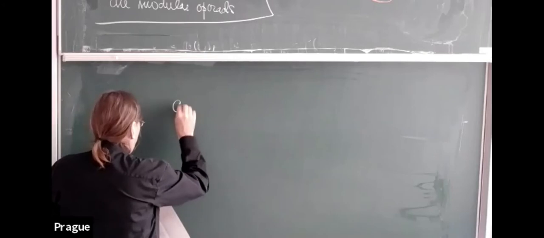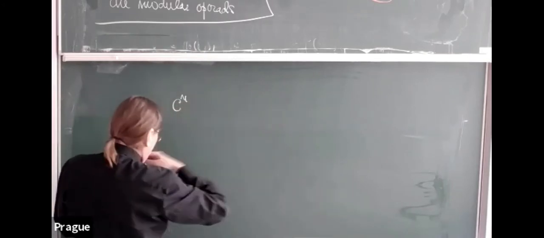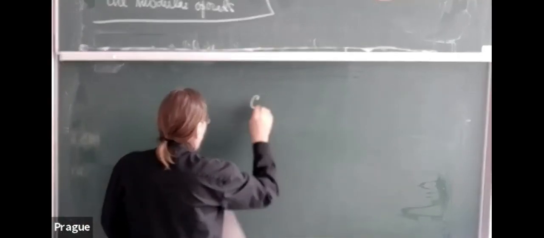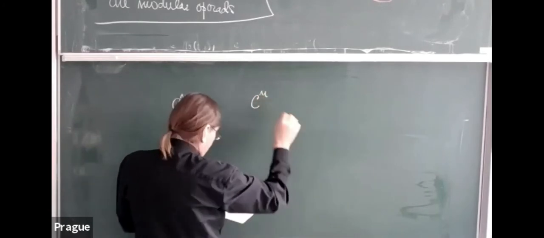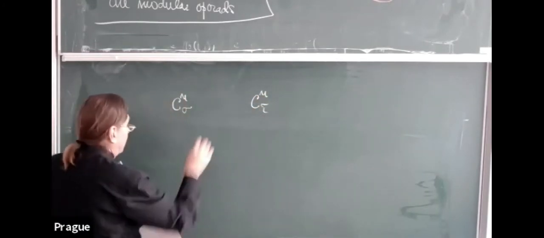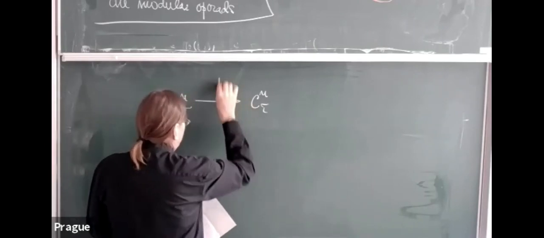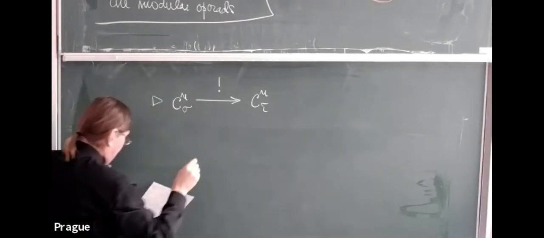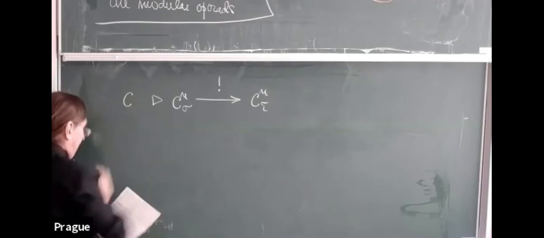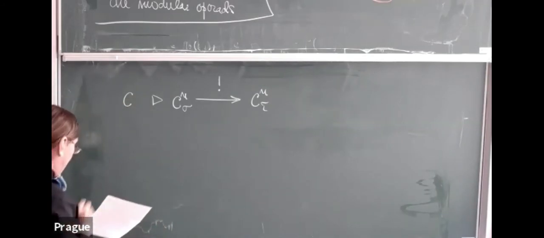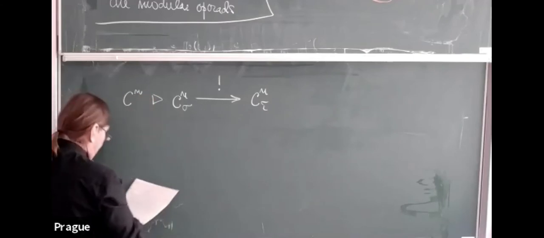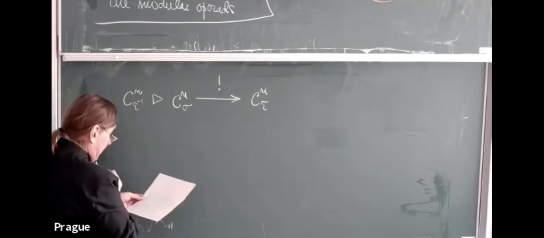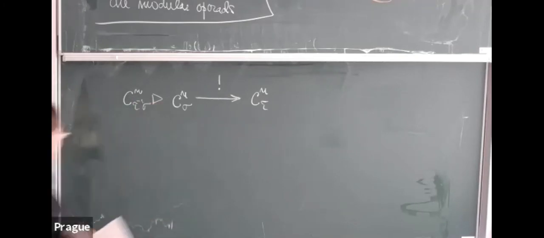I have a corolla with n, whatever, spikes, with local order sigma, and I have another corolla with the same number of spikes and local order tau. And since it is local terminal, there is precisely one map. And as an exercise, I'll let you prove that the fiber of this map is the corolla with local order tau inverse sigma.